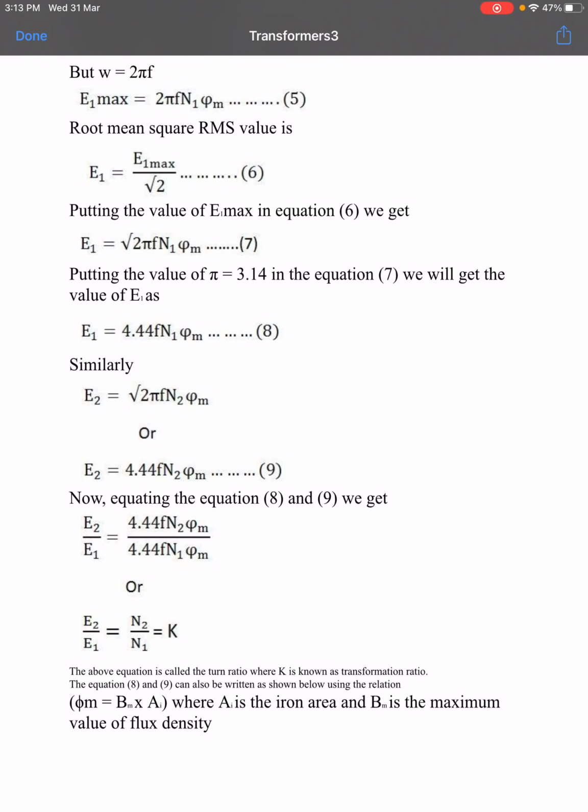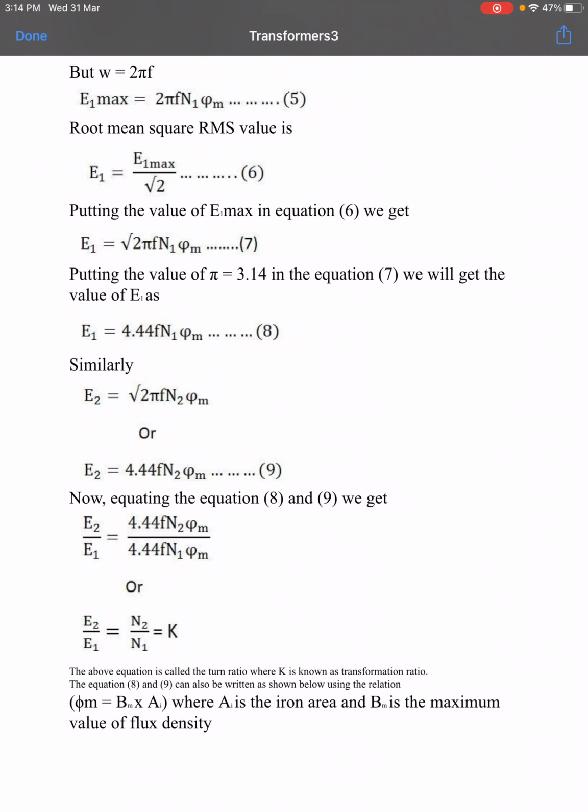The number of turns is also a fixed value, and based on the turns we get the flux. When calculating the flux, we can substitute Bm into A, where A is the area of cross section of the iron core and Bm is the maximum value of flux density.